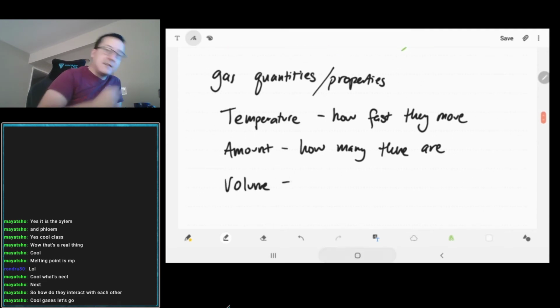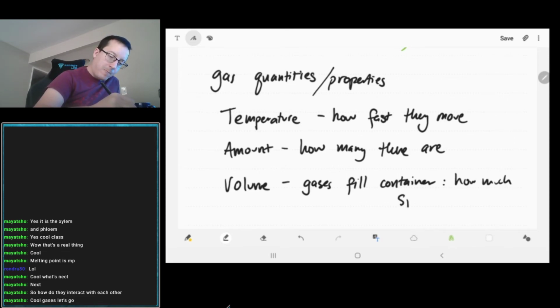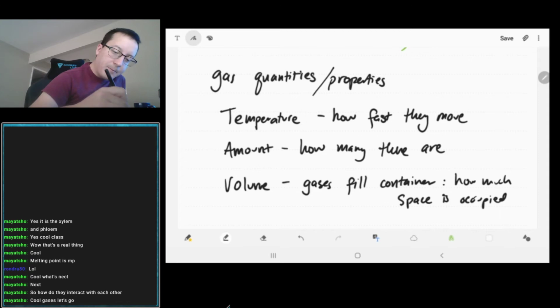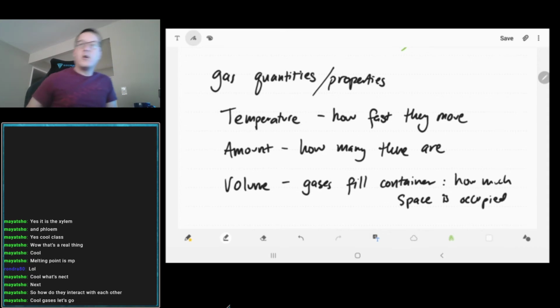Since we know gases will always fill their container, this is how much space they take up. So if you have gas tanks of different sizes, those will just have different volumes. And so that's another property we're going to look at here.